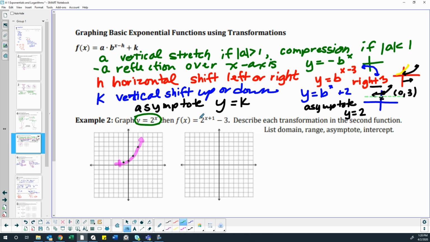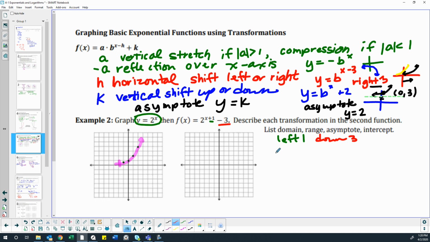Okay, describe each transformation. So this is going to be a growth function. We're going to move left 1 because of that. And it's going to move down 3 because of that. Okay, we're going to list domain, range, asymptote, and the intercept.